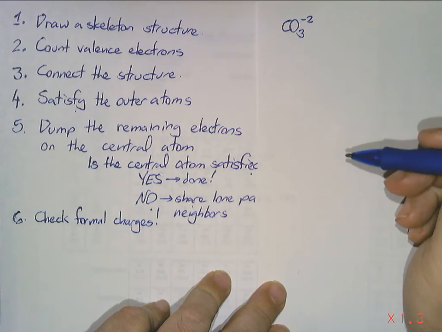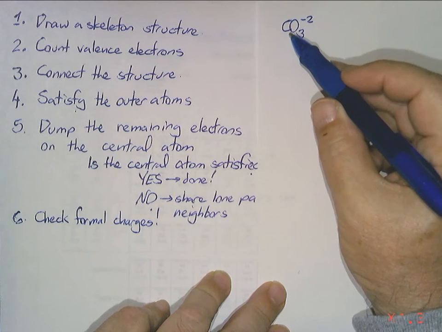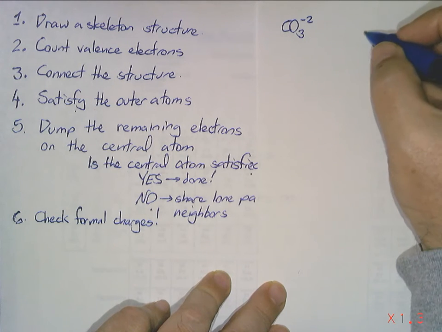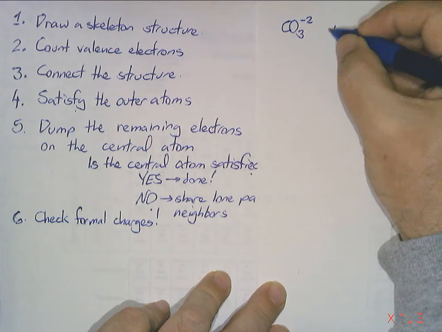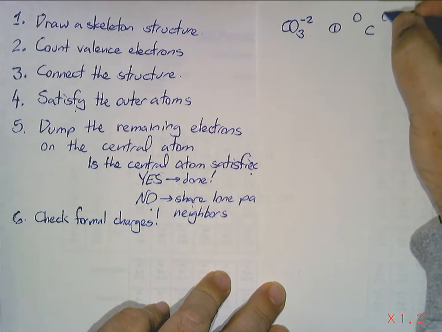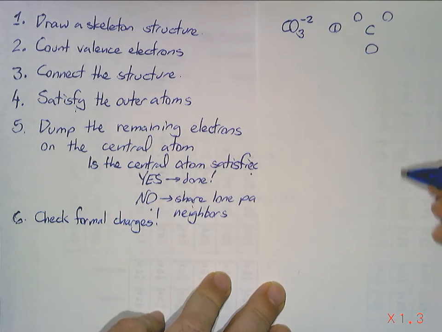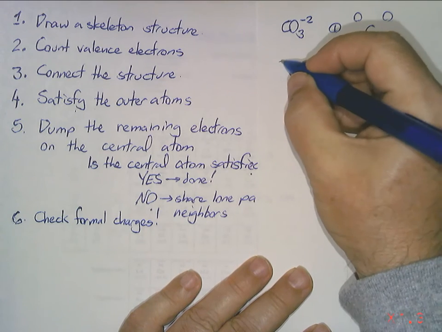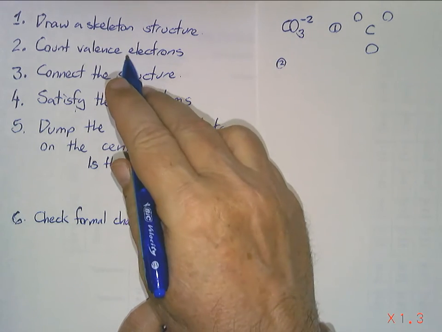Draw the skeleton structure. If I look at the periodic table, carbon is closer to the center of the table than oxygen. So my skeleton structure for step 1 is going to look something like this. It doesn't matter where I put the oxygens, as long as the carbon is in the center and the oxygens are on the outside. The second thing I'm going to do is count the valence electrons.